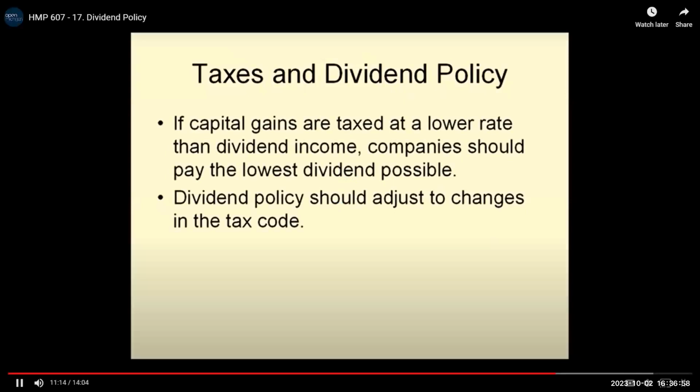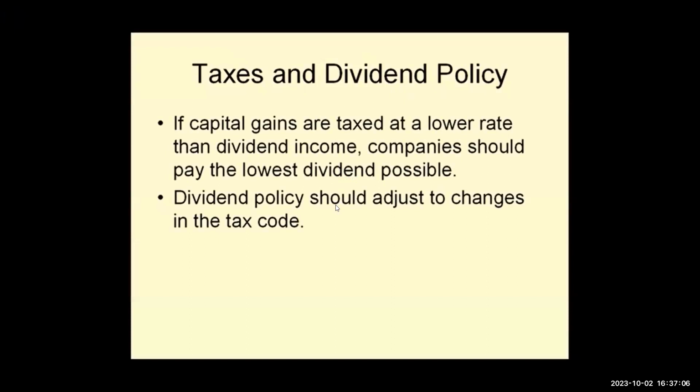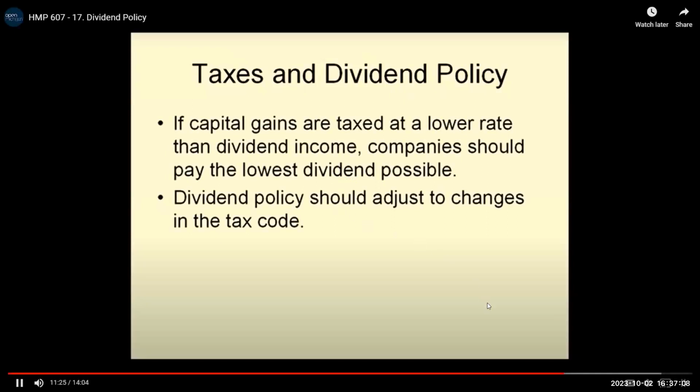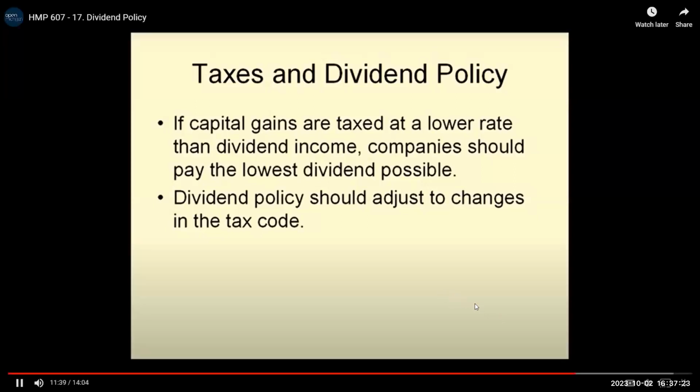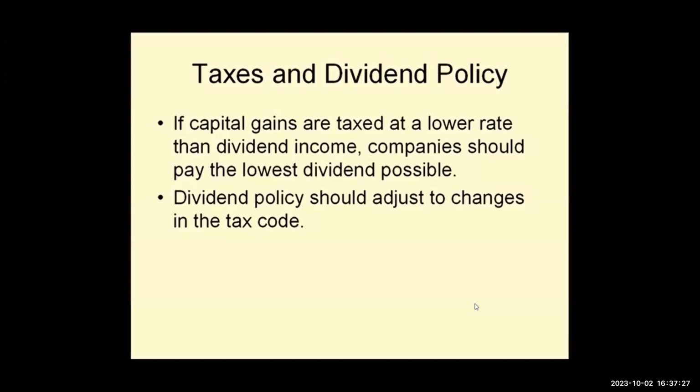In recent years, we've actually had a change in the tax code, which has resulted in a lowering of the tax on dividend payments, so that the tax on dividends is now not very much higher than the tax on capital gains. This reduction in the dividend tax rate has likely stimulated higher dividend payout than would have been the case in the absence of that tax reduction.